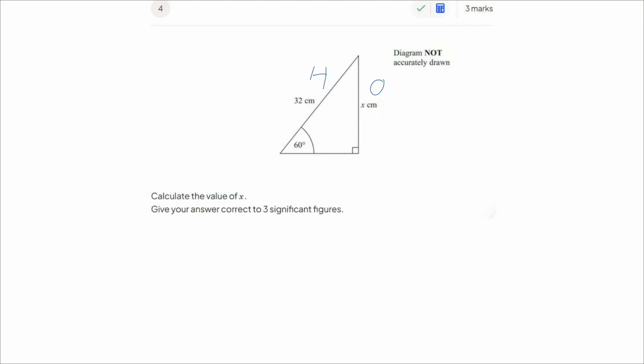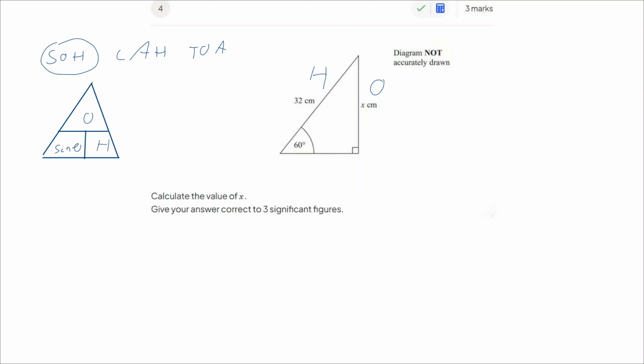Leave it unlabeled. Now we go to our SOHCAHTOA, and we think, which one of these has both O and H in it? Well, SOH. You've got O and H, which you've got here. So we're using SOH, and I would definitely recommend you draw out your triangle for this. SOH, where that S stands for sin of the angle theta, is opposite over hypotenuse.